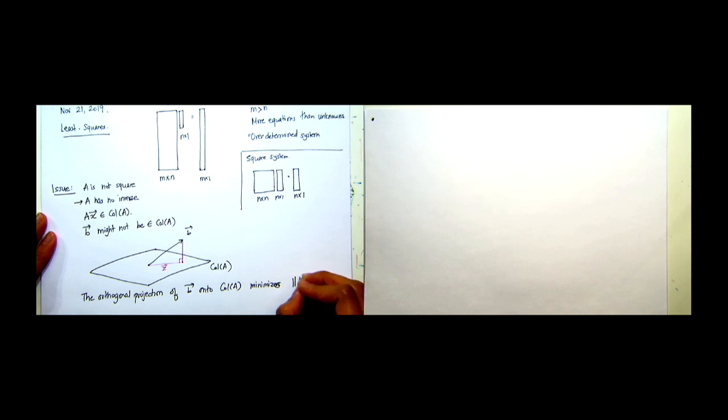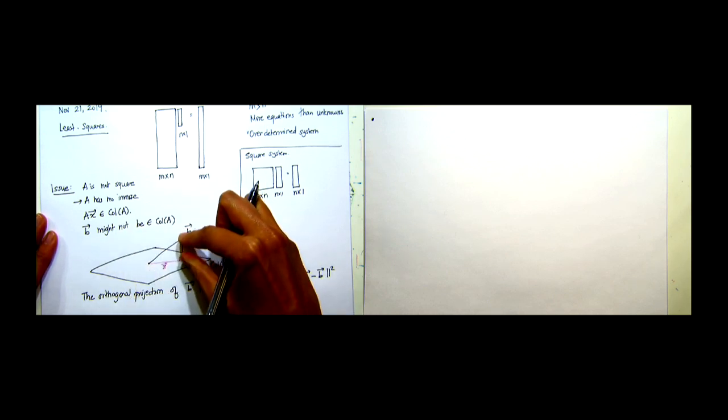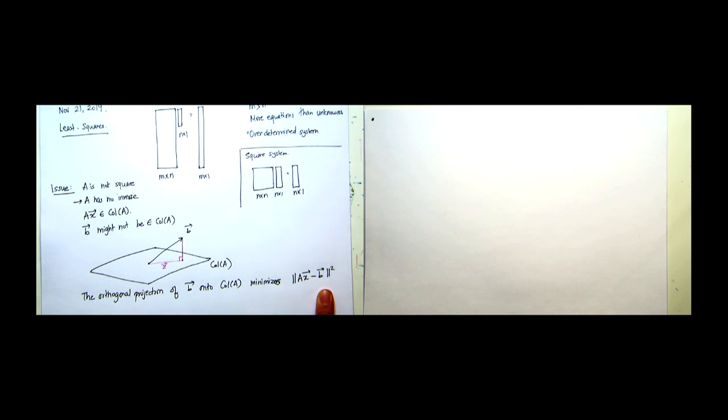And what is our error? Our error is the difference between AX and B. We want to be at B, but we can't get there. So whatever is remaining is our error. And we want to minimize the length of that error. Right? And here we're talking about it as minimizing the length of the error squared. But minimizing the square of a number and minimizing a number is exactly the same thing. So it doesn't make any difference whether I write a squared here or not.